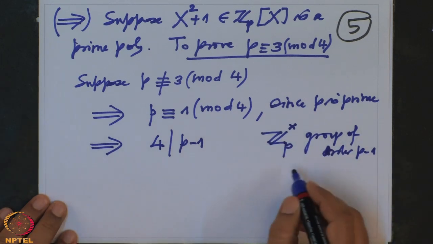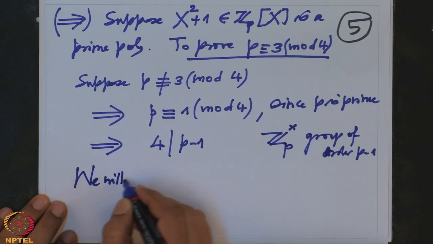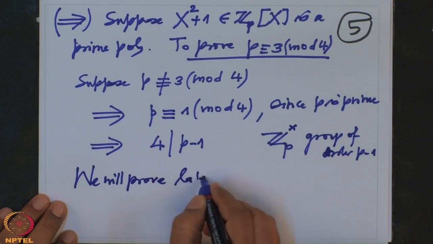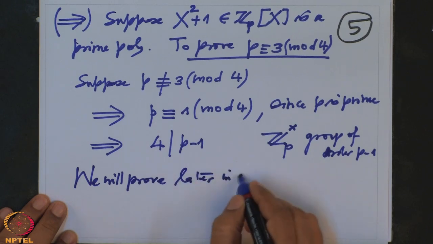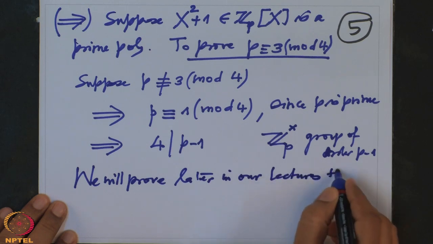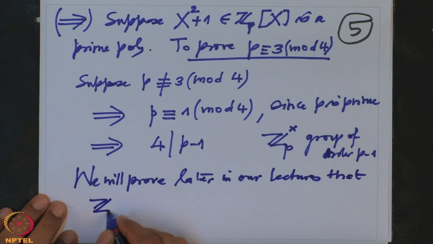We are going to prove this later in our lectures, that this group Z mod P cross is cyclic.